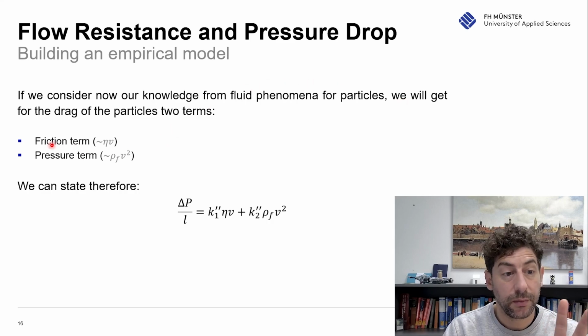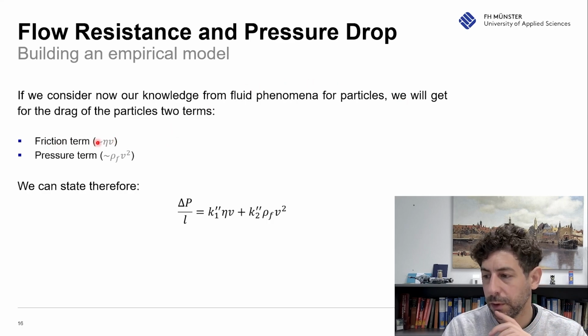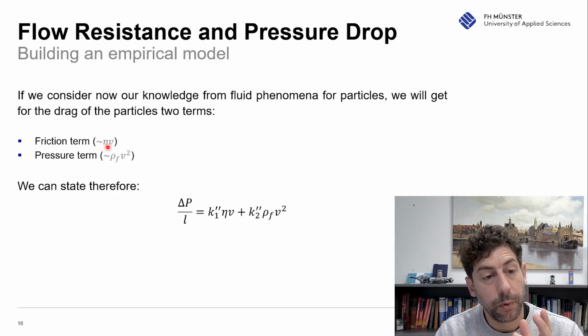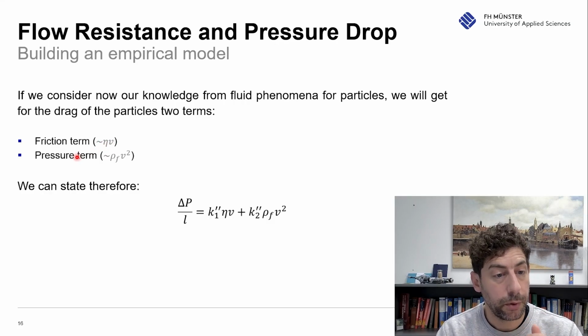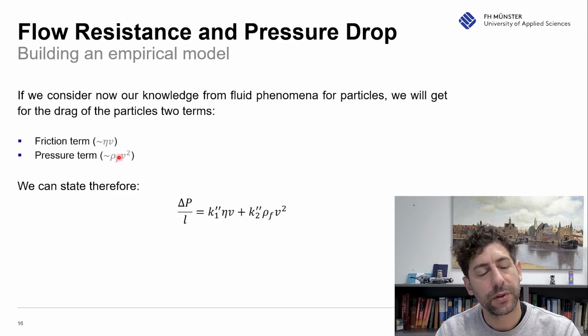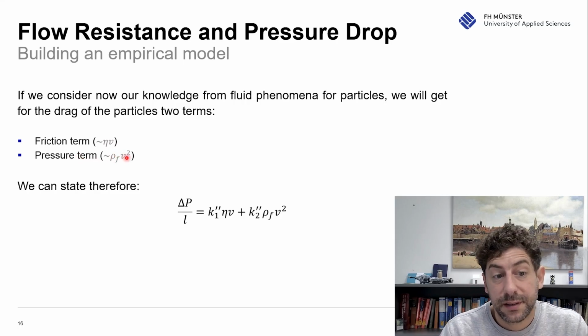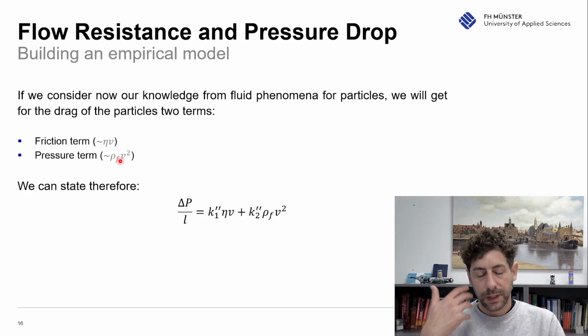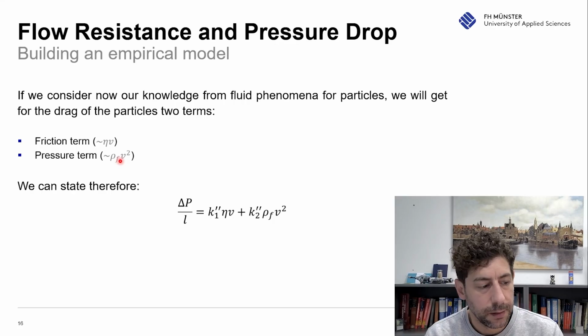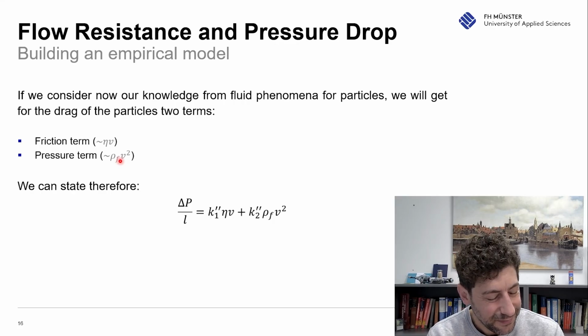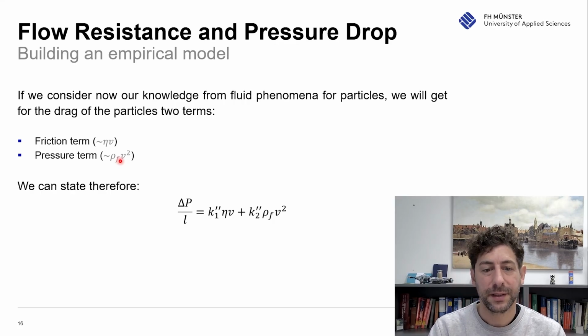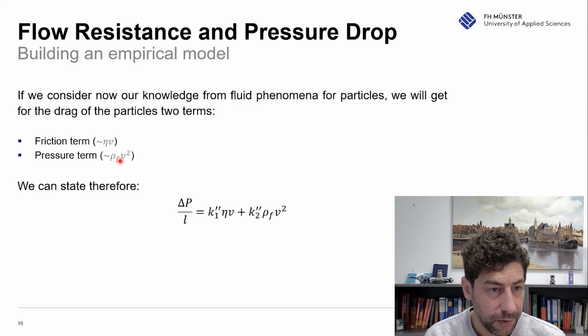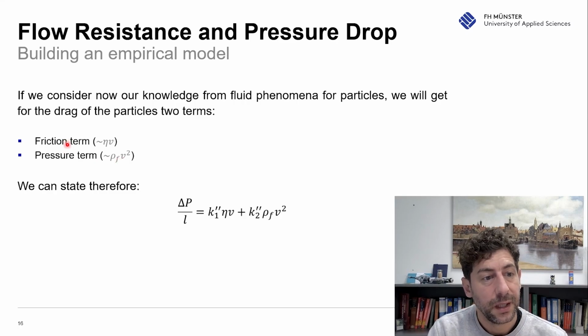A friction term, which is proportional to the velocity and the viscosity, and a pressure term, which is proportional to velocity squared and the density of the fluid, right? If you need to remember this, please look at the video about drag force. In the drag force video we derive this and explain why there's a friction term and a pressure term.